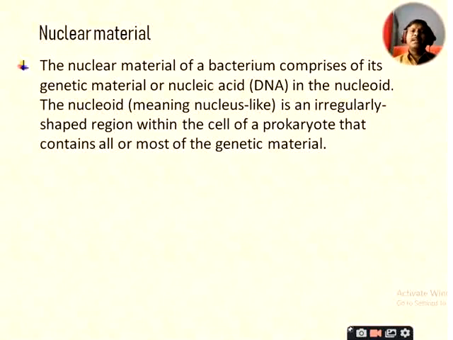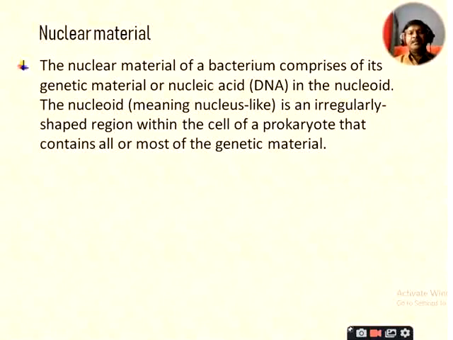The nuclear material of a bacterium comprises its genetic material or nucleic acid, that is the DNA in the nucleoid. Nucleoid means nucleus-like structure. It is not a perfect nucleus, but it is a nucleus-like structure present in the bacterial cytoplasm, and that is called the nucleoid.